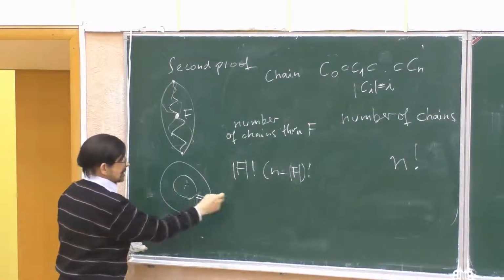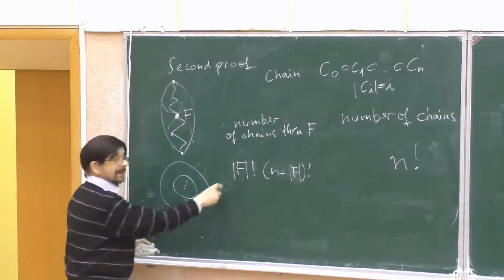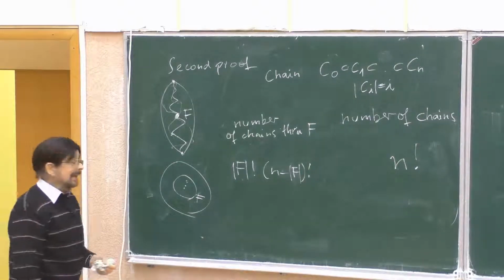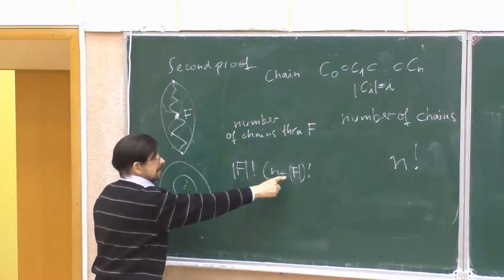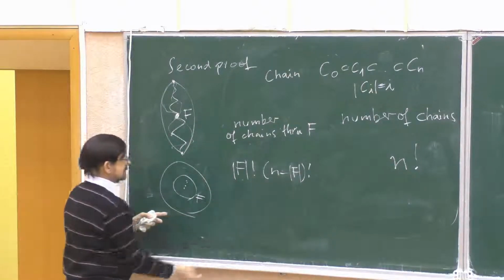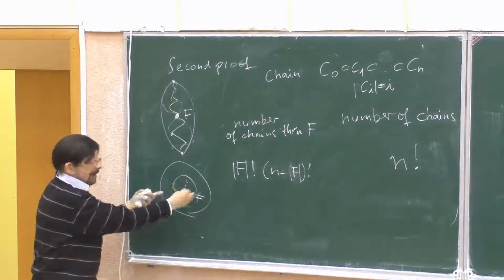So obviously, we arrive this many times to here, and then continue outside. So the number of elements is this, n minus |F|, size |F|, and we order them again.